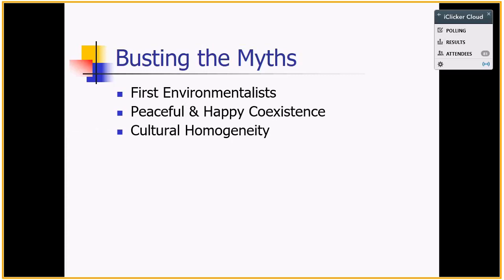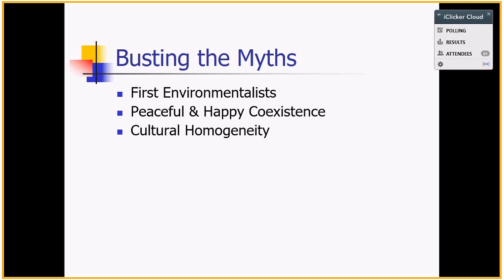Another myth is the myth of cultural homogeneity. Homogeneity meaning the same. Cultural sameness. Now, for the Europeans, they think that an Indian is an Indian is an Indian. They're all the same, and they're all inferior, and they're all uncivilized.